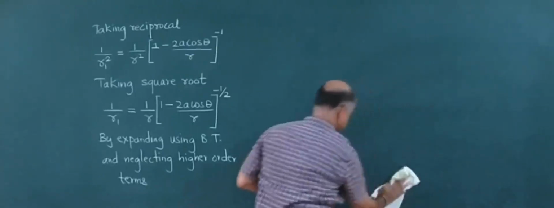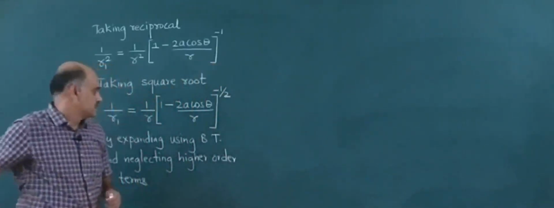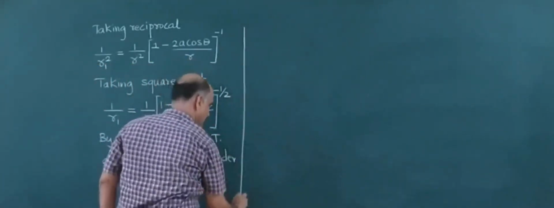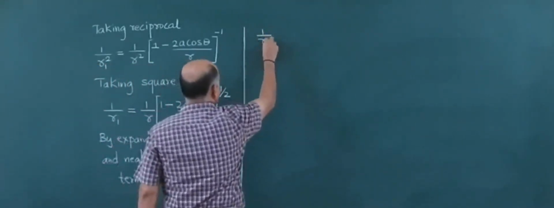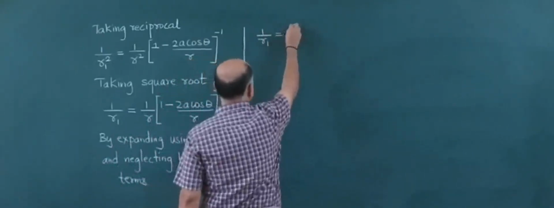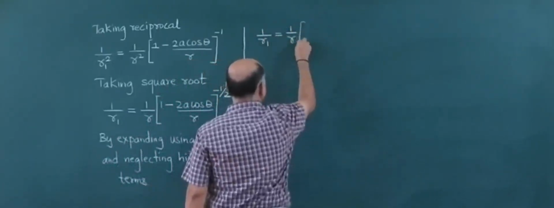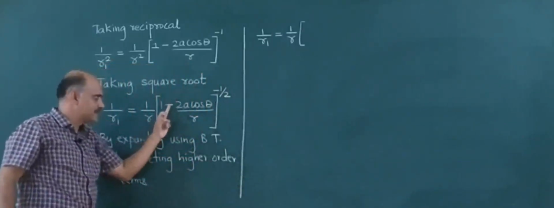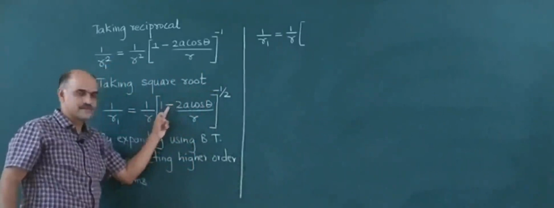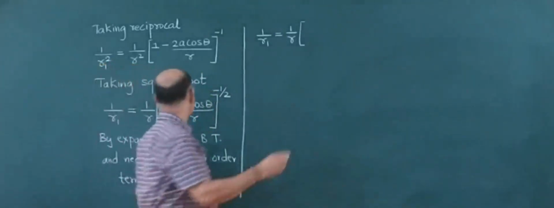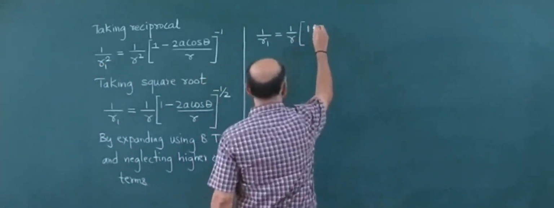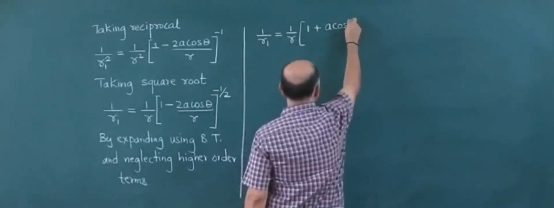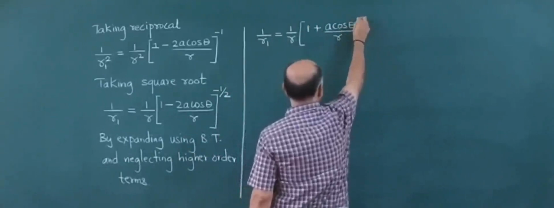So I will be having 1 by r1 is equal to 1 by r, and by binomial theorem if you expand, just you can remember this is multiplied to this term, so this becomes plus, 2 gets cancelled, so you'll have 1 plus a cos theta divided by r.